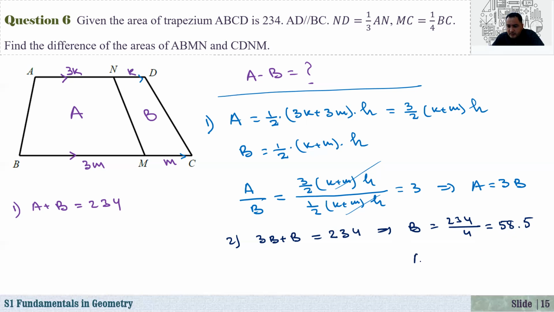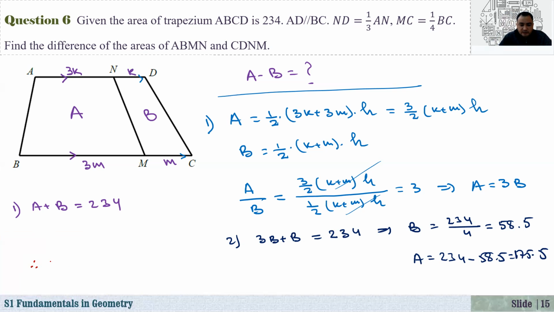Now from here, what is A then? A is equal to 234 minus 58.5, that's equal to 175.5. So now we can write this final answer here.